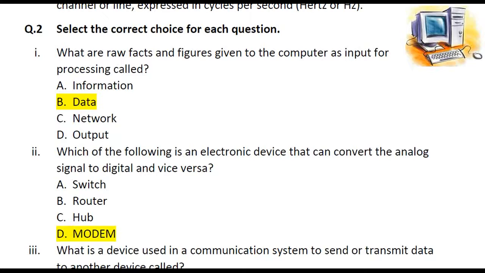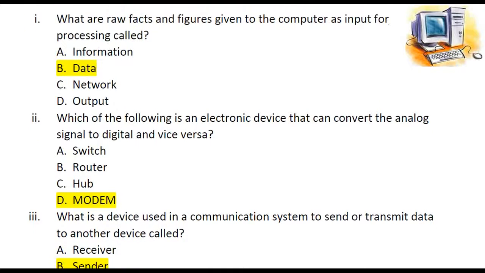Once they are processed by the computer and converted into useful information on the basis of which we can get some meanings and make decisions, at that time it will be called information. But initially we give raw facts, which are called data.